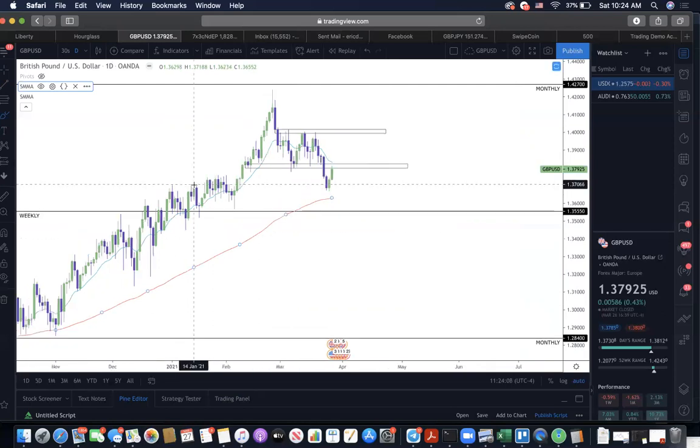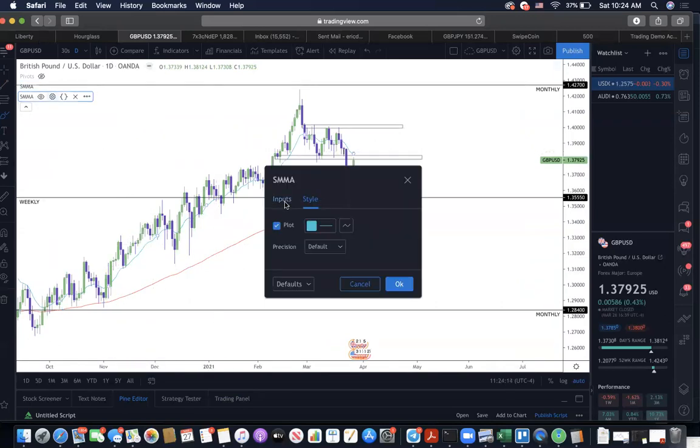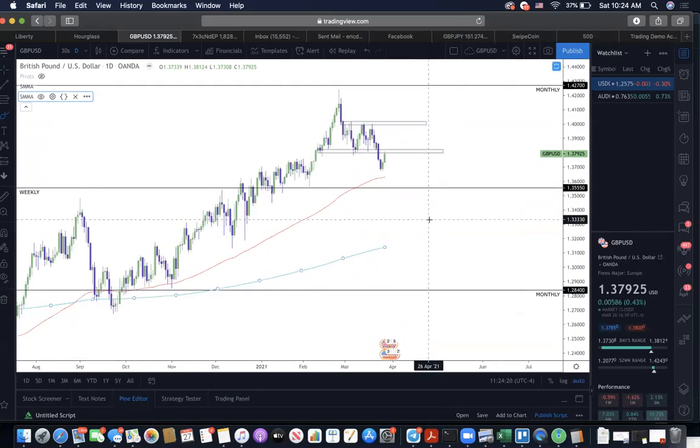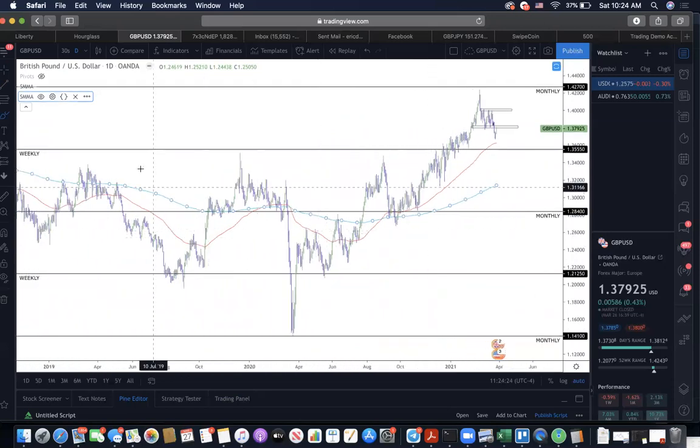The other one, the 200. The reason why I use these moving averages is because I like to look at things more from a daily, weekly, monthly perspective.